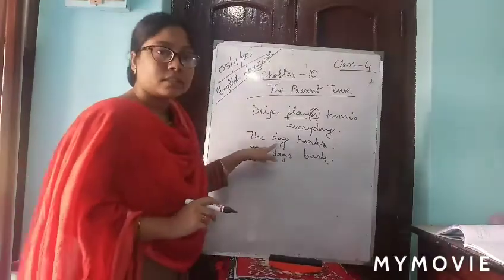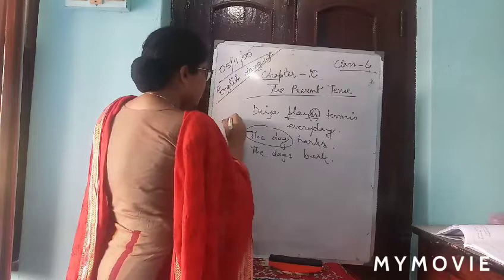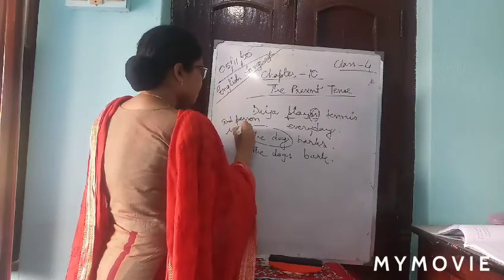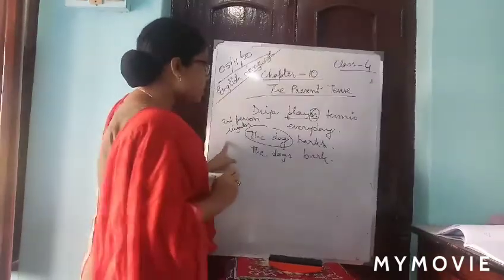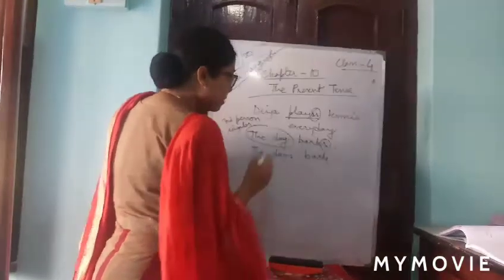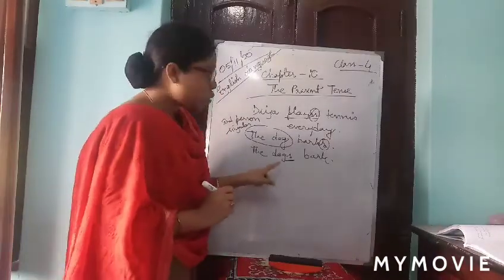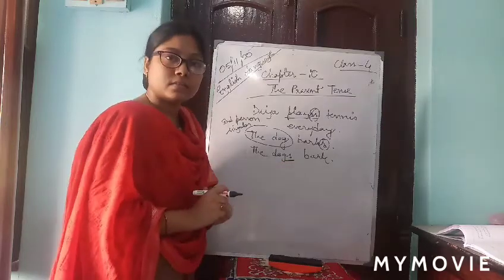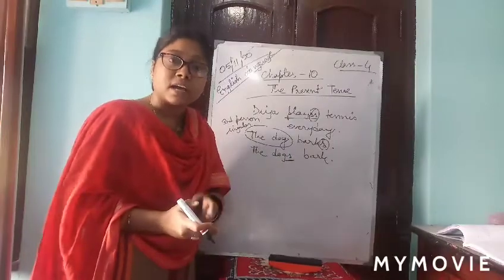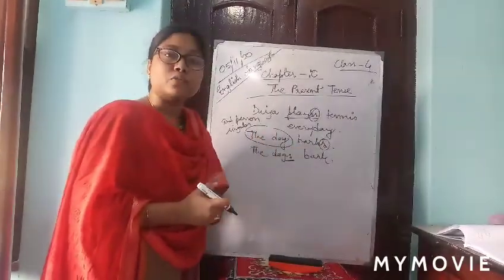See, the dog, it is third person singular. For that reason, we have used s after the verb. But in the next sentence, as it is plural, the dogs, we didn't use any s. So one thing we have to keep in mind: in the simple present tense, if it is third person singular, after the verb we have to use s.